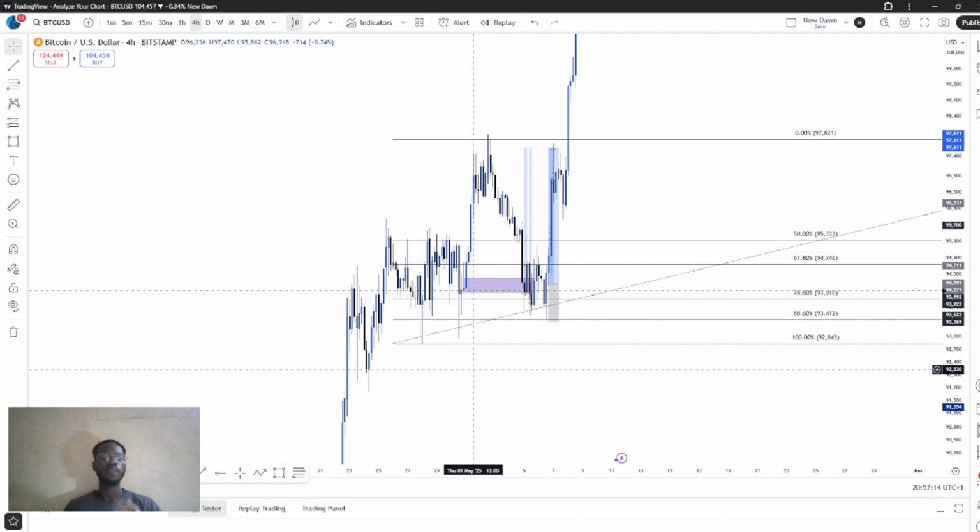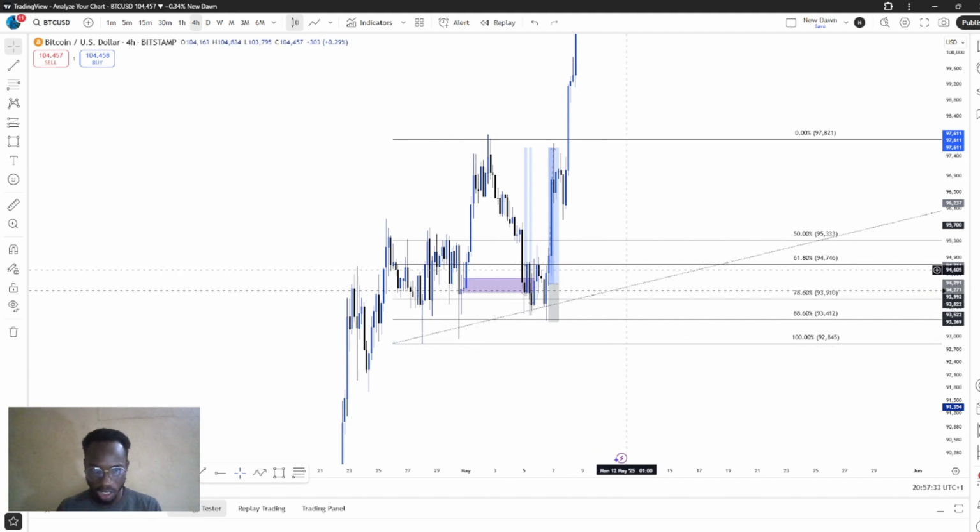For me that makes a lot of sense, because if I'm going to follow structure, we have this high, low, high and low. So you're taking your fib from the previous low to the next high. That's the 78 fib. So for me, it makes a lot of sense for price to come down low and then look to buy.